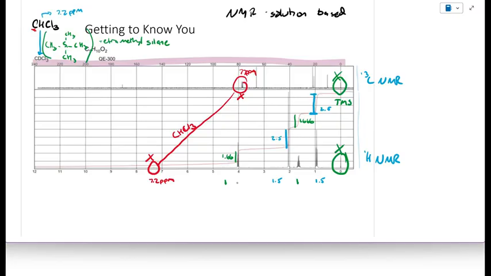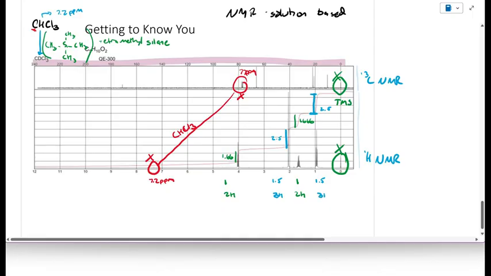So that tells us that the green signals represent 1 hydrogen, and the blue signals represent 1.5 hydrogens. But again, you can't have half of a hydrogen. So after we divide by the smallest, we then scale the integrals accordingly. If I multiply all of these by 2, the green ones become 2 hydrogens, and the blue ones become 3 hydrogens. Now I have a whole number ratio.